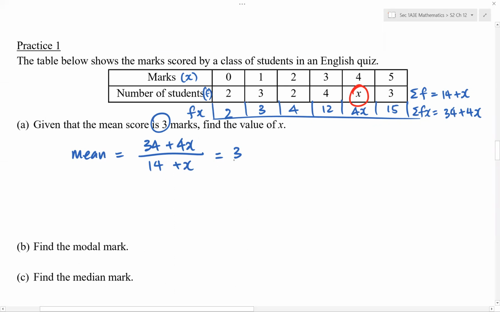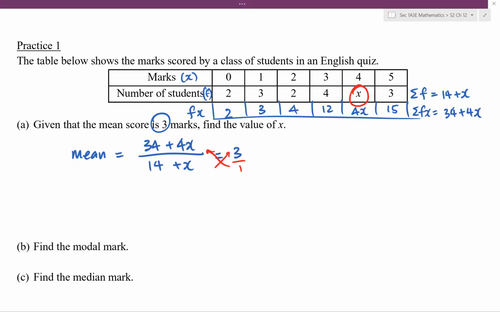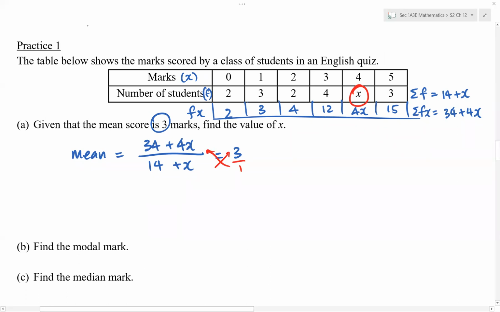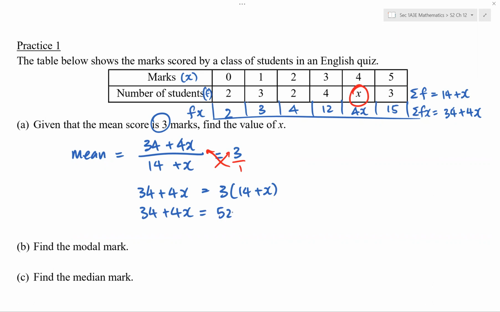So again, do the multiplication, solve for x. So we get 34 plus 4x multiplied by 1. We will not waste time writing that. Equals to 3 times of 14 plus x. Do the expansion, 34 plus 4x. On the right hand side, we get 42 plus 3x.